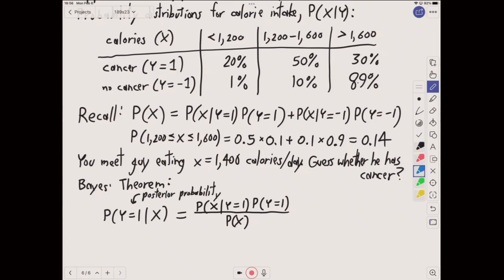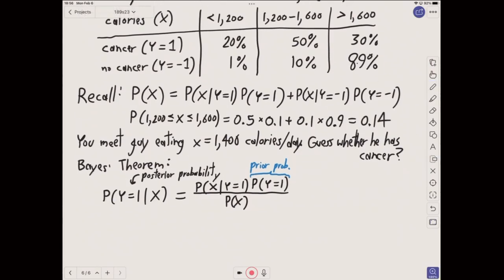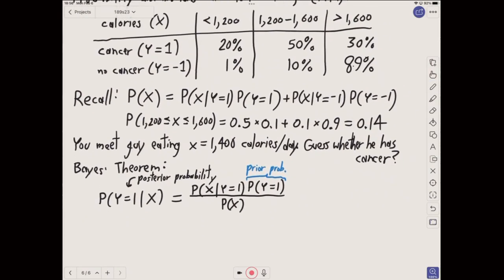And I want to single out one of these three expressions as having a special name. This one is called the prior probability. The probability of having cancer, basically, is the prior probability here. And likewise, we can also apply Bayes' theorem to not having cancer.